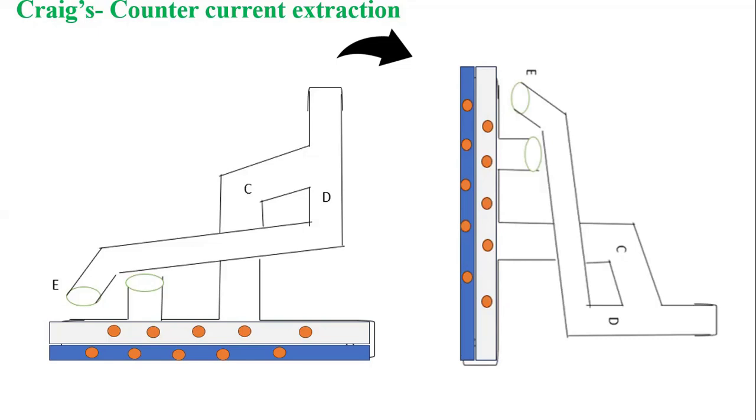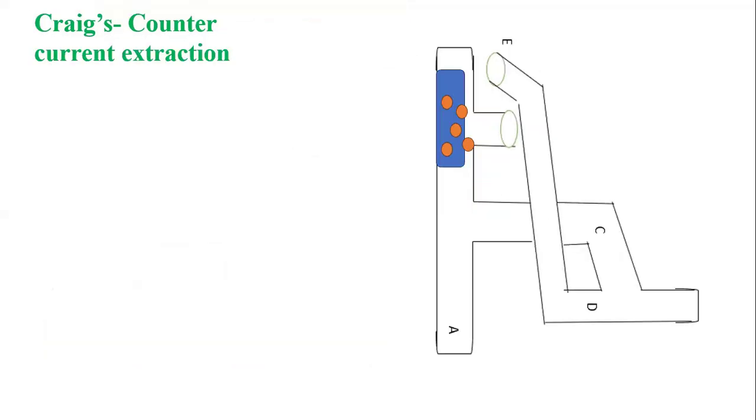As in the horizontal position, the liquid settles down because of the gravitational force, and the aqueous phase settles at the bottom. Here in the 90-degree rotation, the aqueous phase moves in the downward direction in tube A. You know why I said 80%?